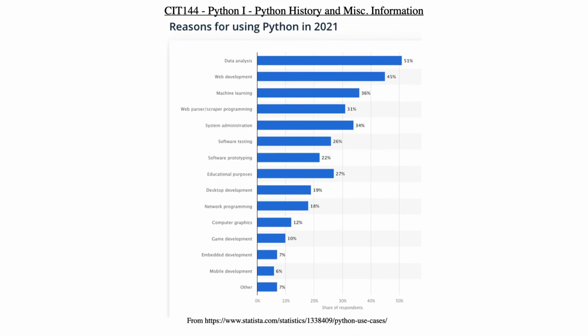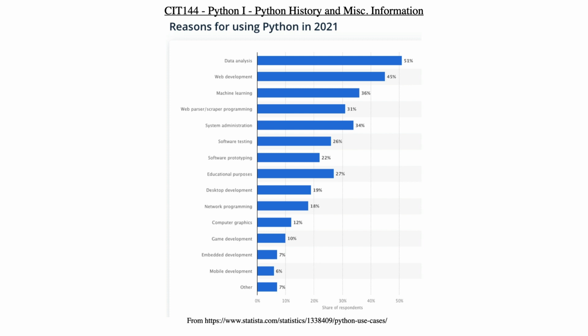For the people that responded, half said they were using it for data analysis. 45% said web development. 36% said machine learning. One of my favorite tasks is a couple below that at 34%, which was system administration. And then it goes down from there.